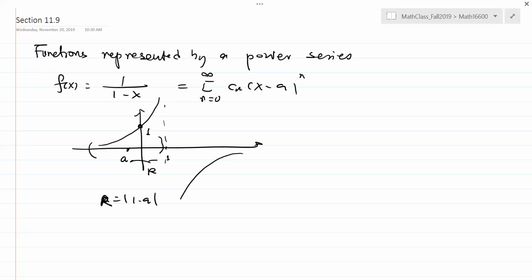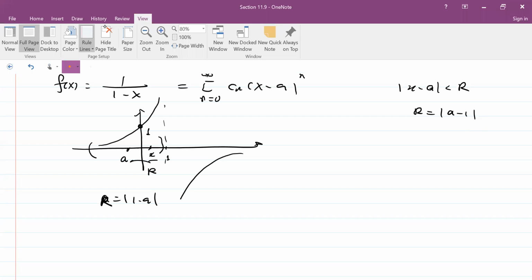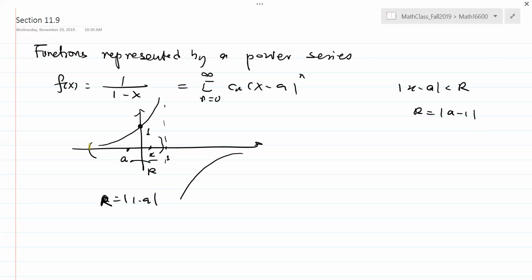So for any x in this interval, you can express the function as a power series. If x is outside this interval we're talking about, then this power series will be divergent, but the function is still defined.